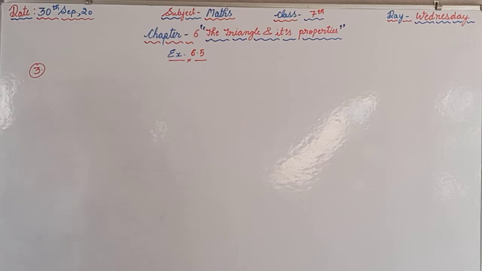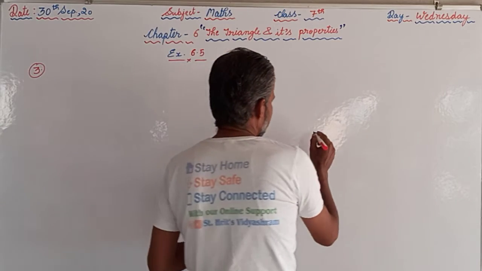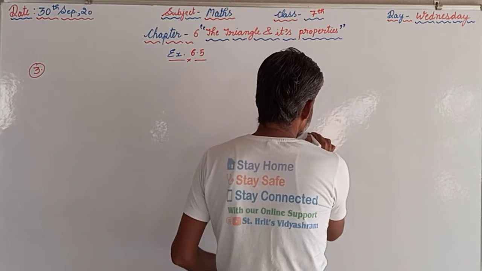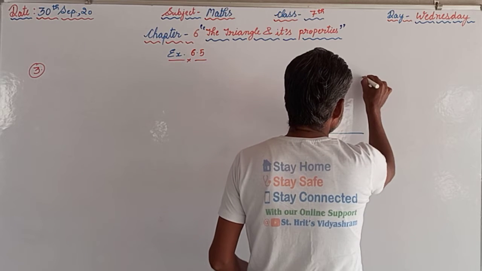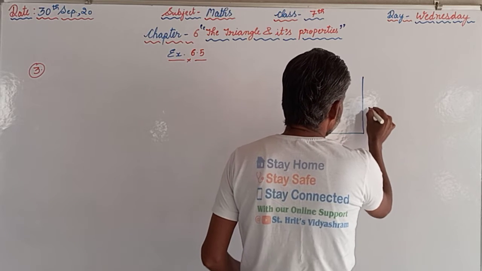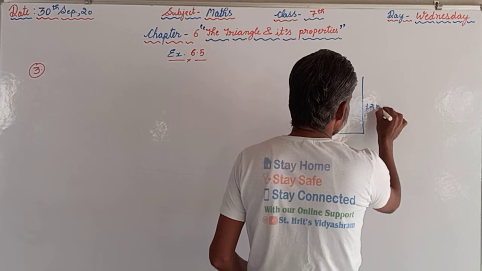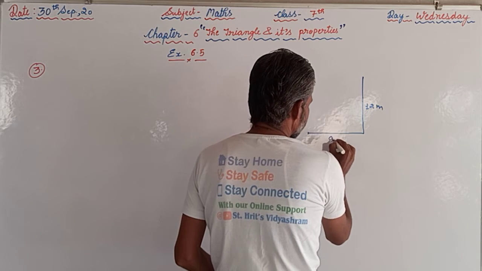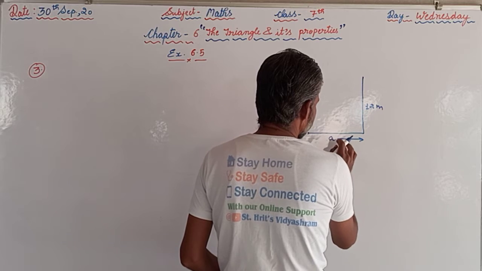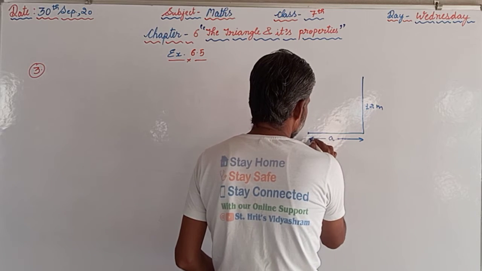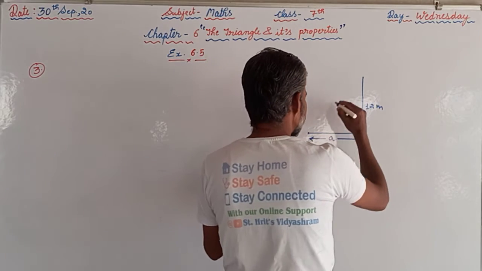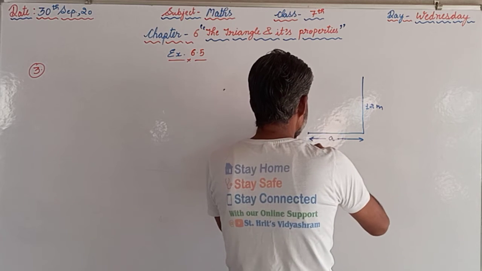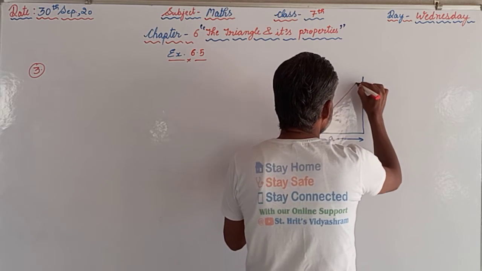According to the question, this is the ground and this is the wall, and the wall is 12 meters high. On the ground one point is there which is A meters away from the wall, and we are putting the ladder slanting like this.